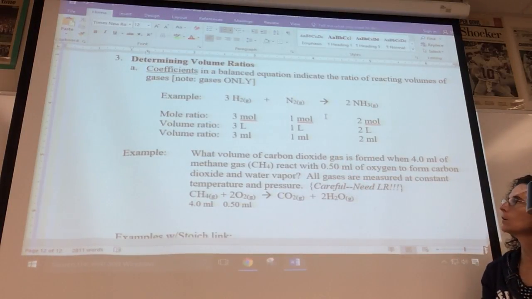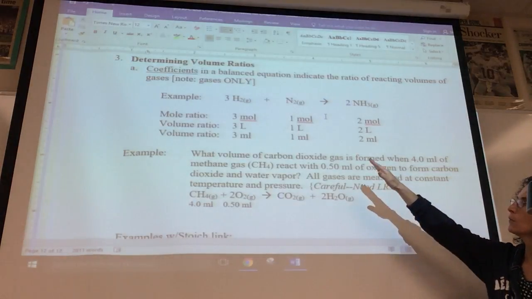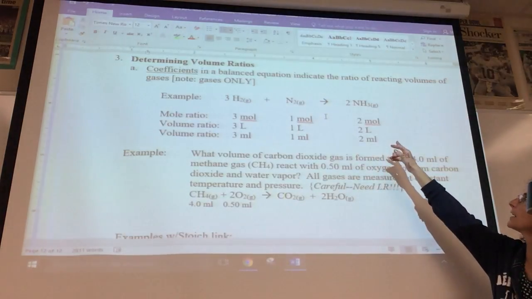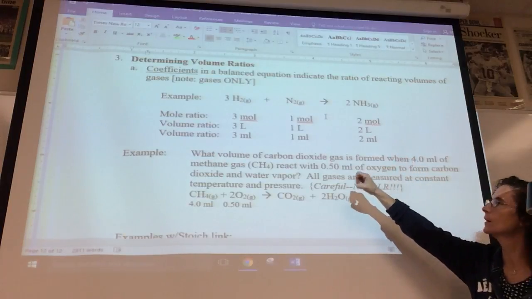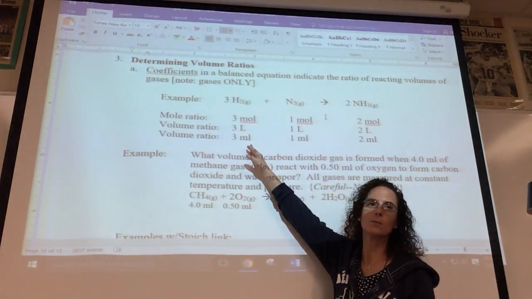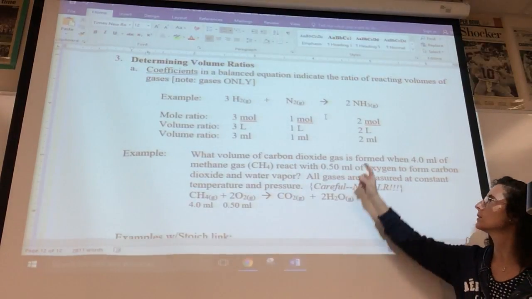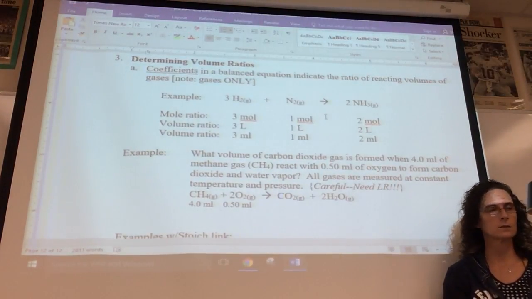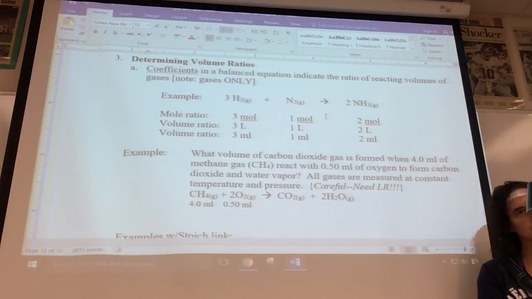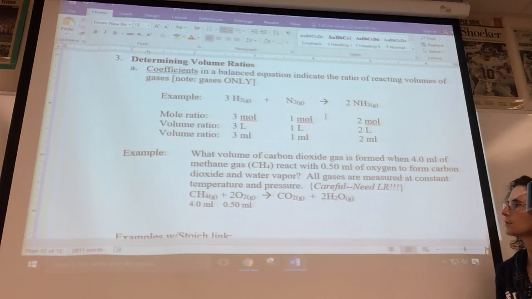For example, you can do mole ratio or you can do volume ratio. For every 3 moles of hydrogen gas, you'll generate 2 moles of ammonia, or for every 3 mils of hydrogen gas, if you have an excess of nitrogen, you'll generate 2 mils. So you can use those coefficients as volumes as we talked about the other day.